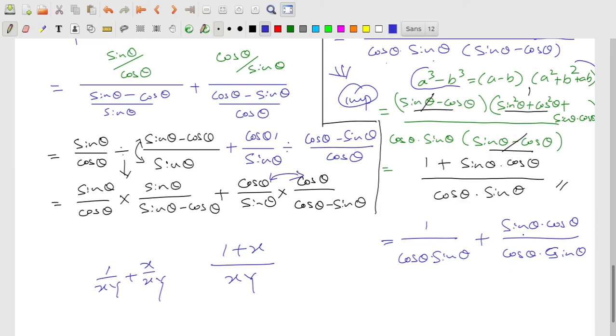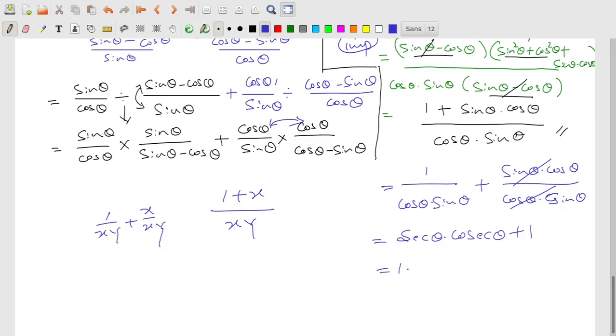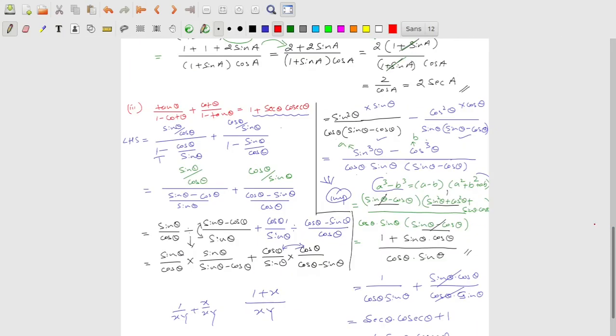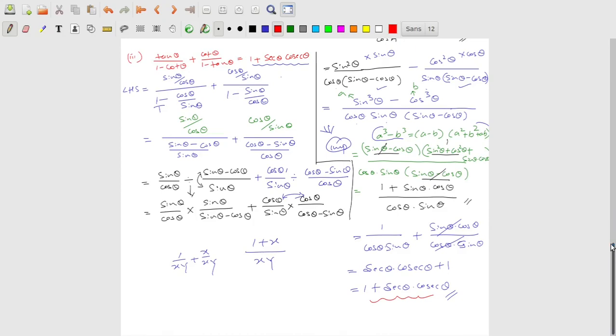A into b or b into a are both the same, so I will just cancel out these two, and then you are left with 1 by cos theta. What is 1 by cos theta? Secant theta. 1 by sin theta is cosecant theta, plus 1, or you can write it as 1 plus secant theta cosecant theta, which is the required RHS, right?